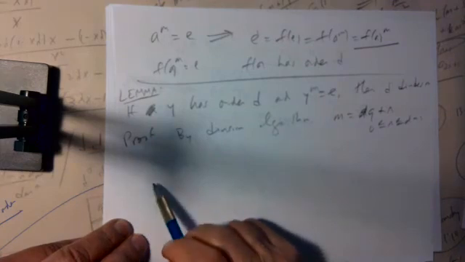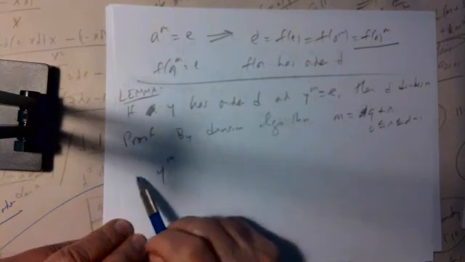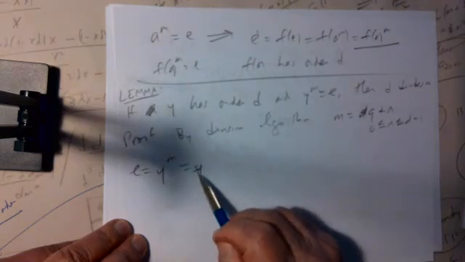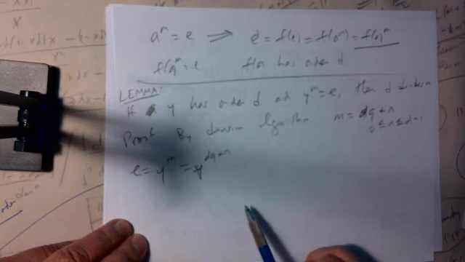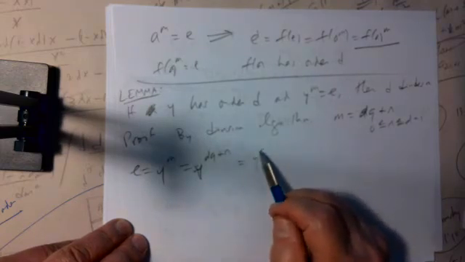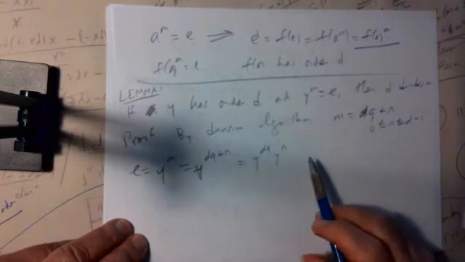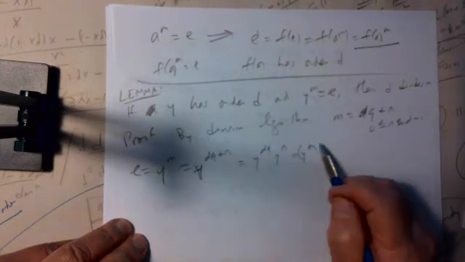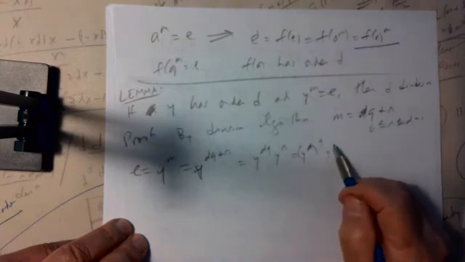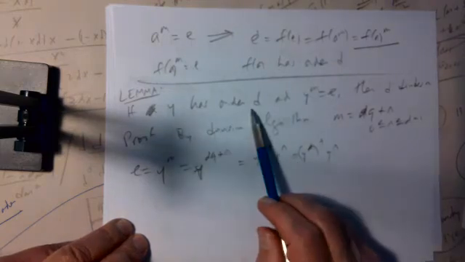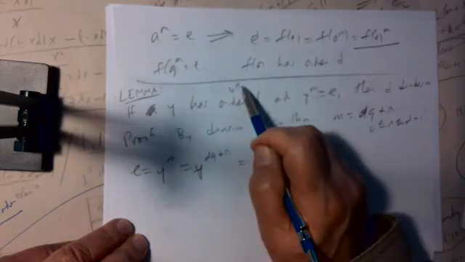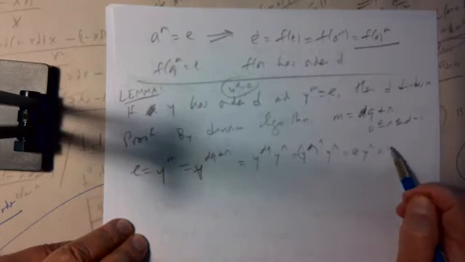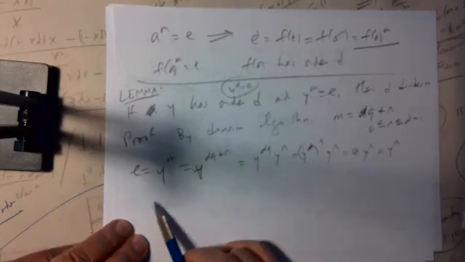So therefore, y to the m, which is the identity, is equal to y to the dq plus r. That's y to the dq times y to the r. These are just powers of exponents. This is y to the d to the q, times y to the r. But y has order d. That means y to the d is the identity. So this is just the identity times y to the r, or y to the r.